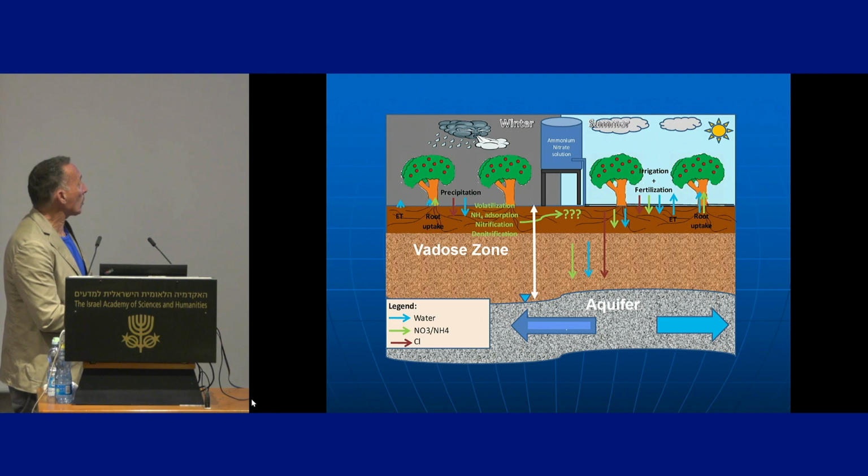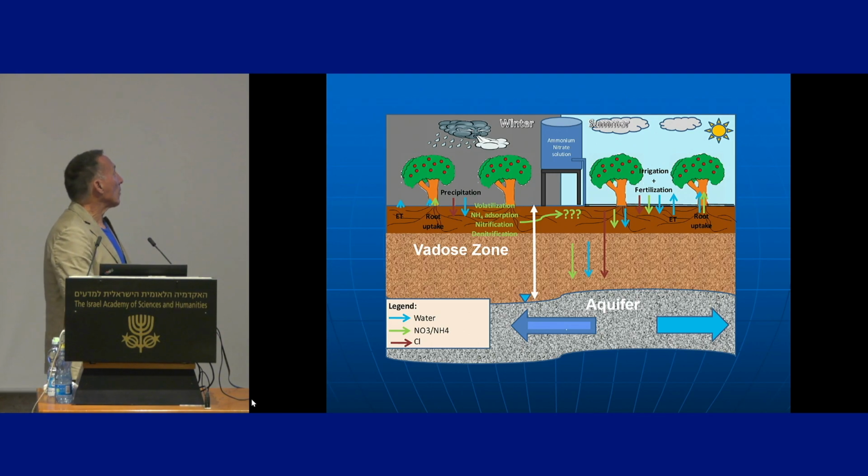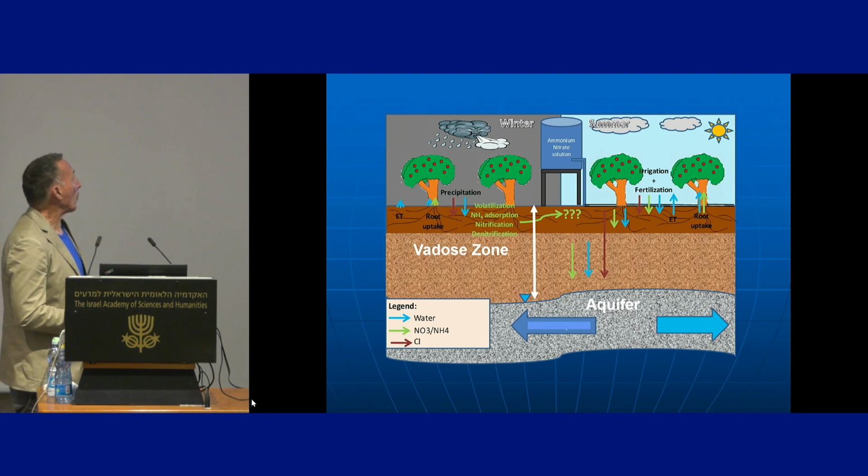This is just a demonstration of what happens there. There are trees, vegetables, plants, root uptake, and all kinds of quite complicated processes.